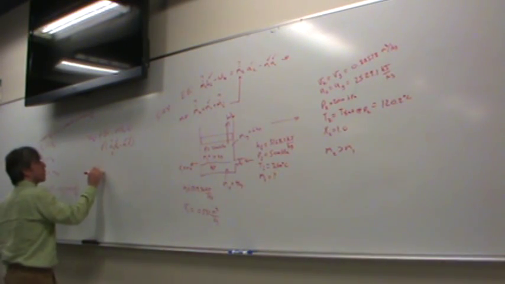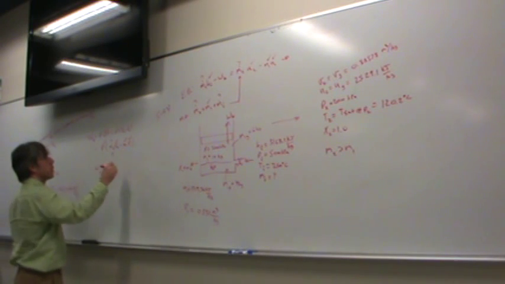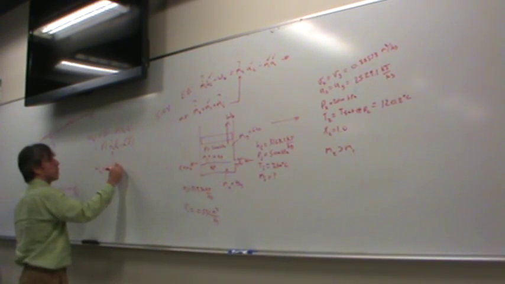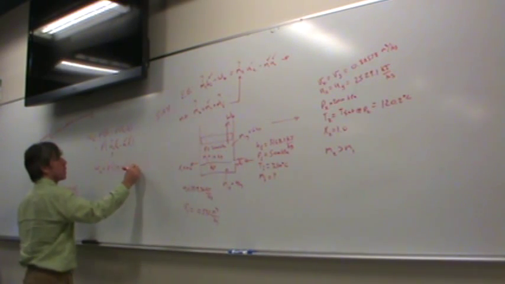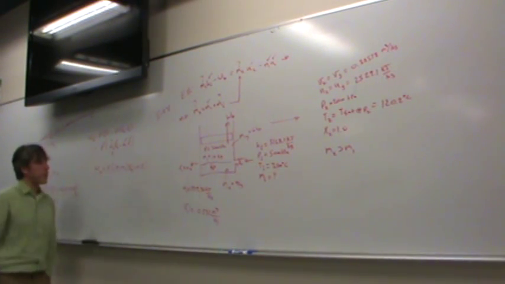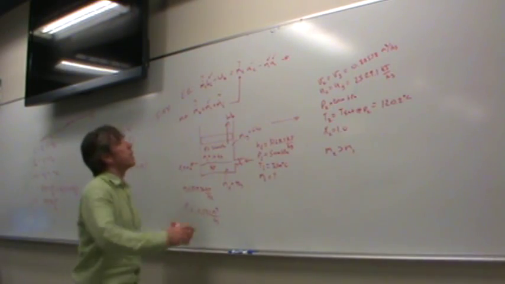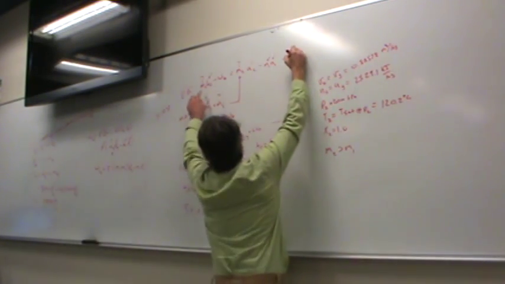So the boundary work will be equal to P times (M2, which is M1 plus the mass that comes in, multiplied by V2 less M1 V1). So there's our boundary work. We can plug it in over here as well.